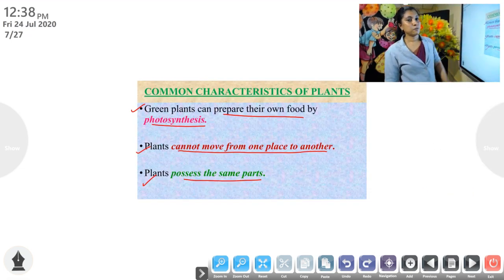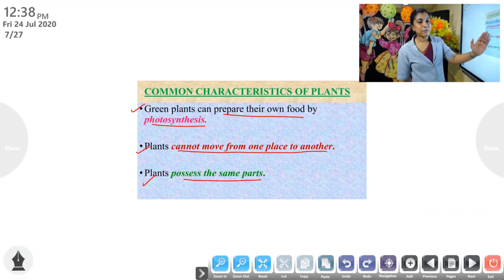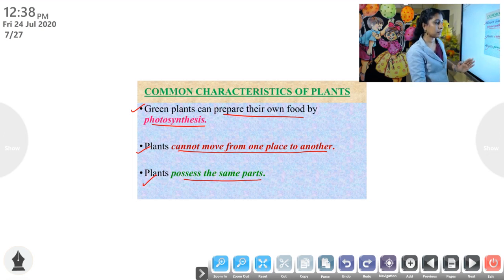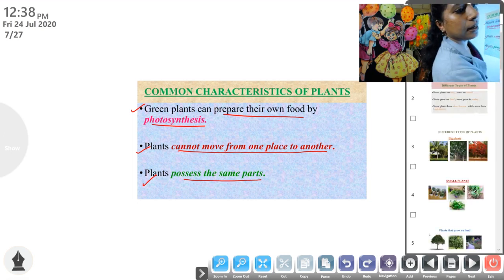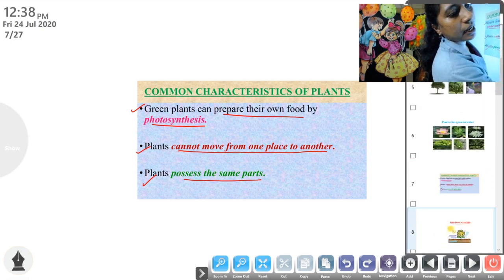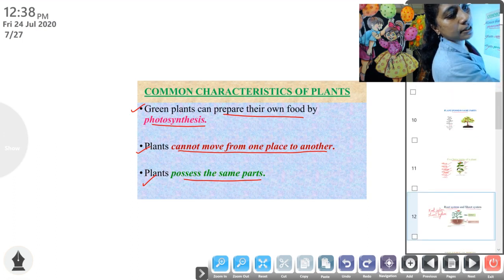Once again, which are the common characteristics of plants? Green plants can prepare their own food by photosynthesis, and plants cannot move from one place to another. And the last one, plants possess the same parts. And also we learned about the types of root system.